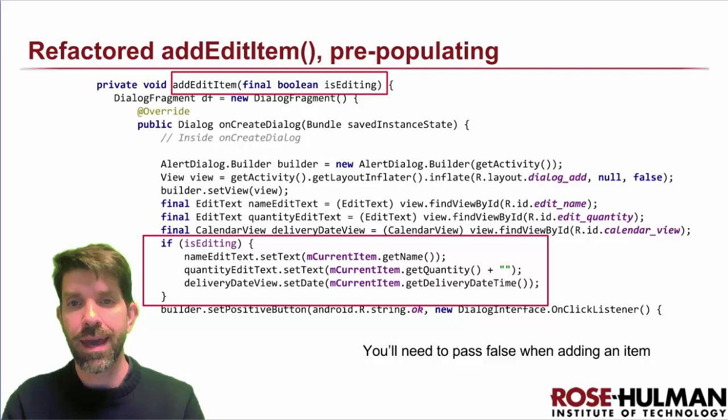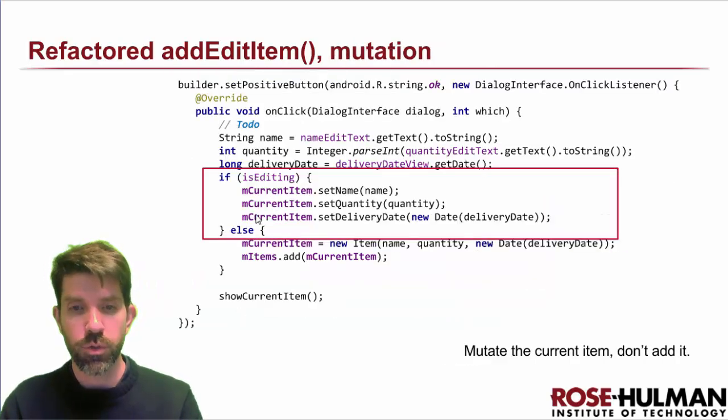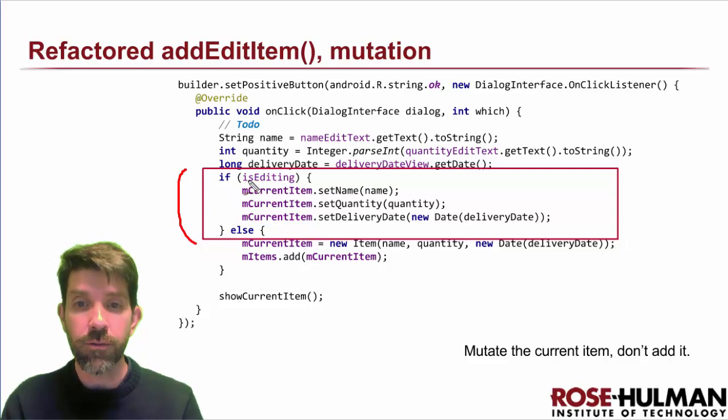So one is go ahead and add this Boolean in here, and when we add the Boolean, then we can check if we want to pre-populate information within our edit text. And then the second thing, of course, was the mutation that I forgot at first there, which is if we're editing, then we just mutate the current item rather than adding another one.